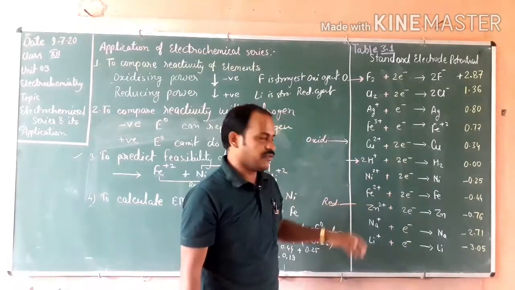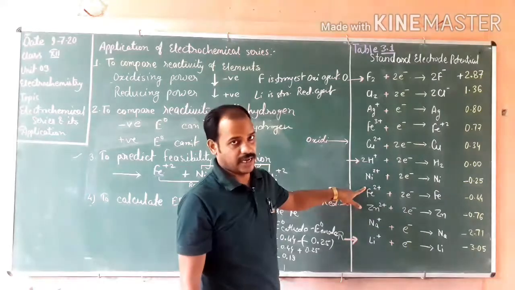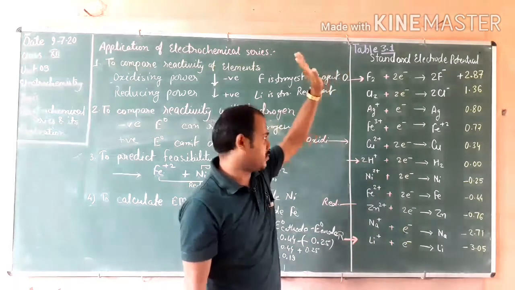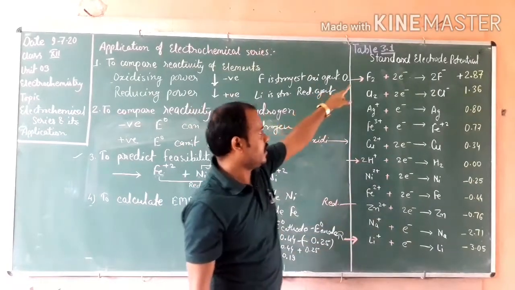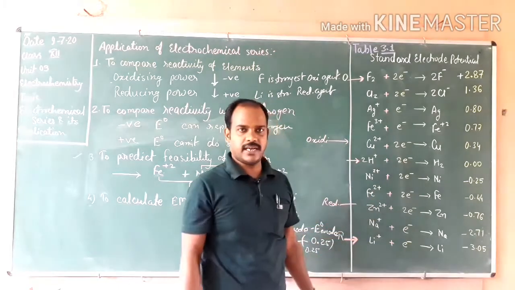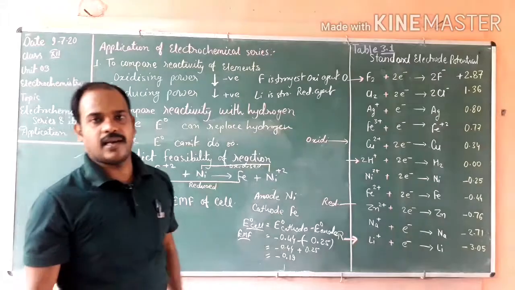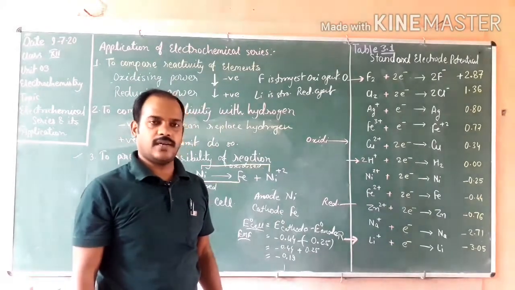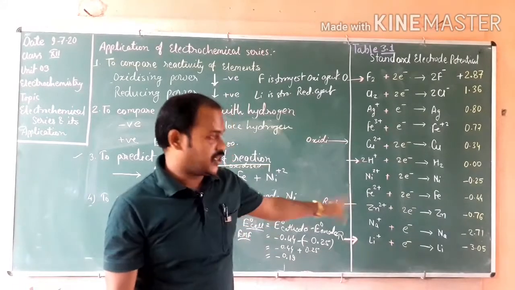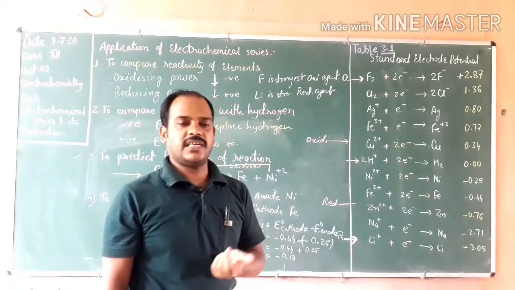See, which one is more reactive, iron or zinc? Zinc is more reactive than iron, because as we move down in the series, reactivity increases. So first zinc will react with the external agents like moisture, acid or some other chemicals. So first zinc will react, iron is safe. So this is the galvanization process.